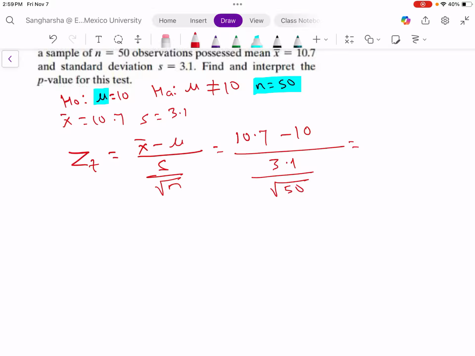Now if we simplify this, 10.7 minus 10, that is 0.7, divided by 3.1 divided by square root of 50.